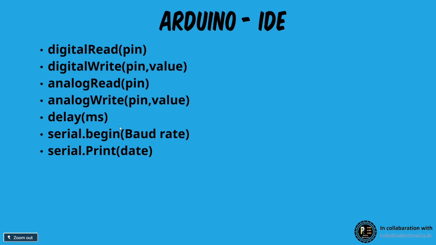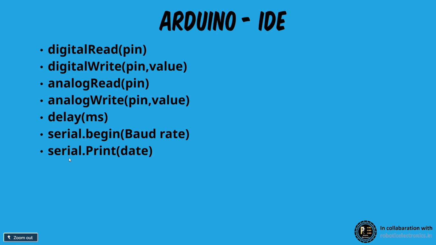And coming to delay, the number given is usually in milliseconds. It is the number of milliseconds that the program has to be stopped, like the cursor will be stopped at some particular point. That is the delay, the time by which the program will be delayed. Serial.begin is a function that is used to take the baud rate and set up serial communication at this baud rate.